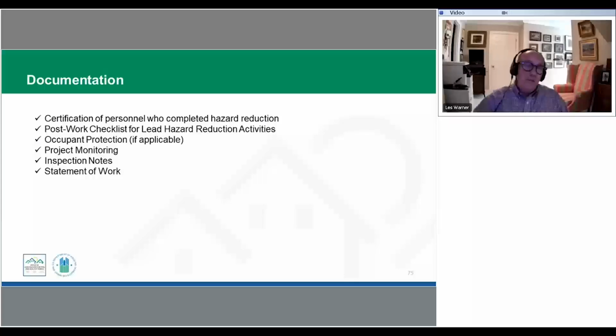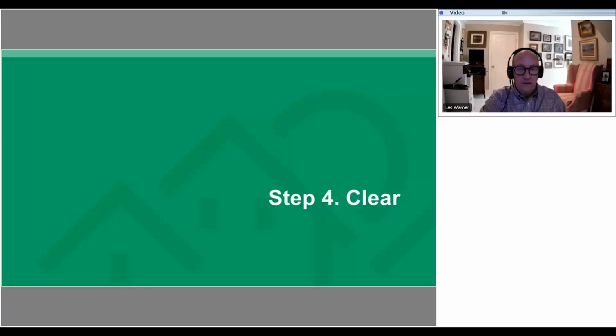And then documentation of your monitoring of the progress, any inspection notices, and that statement of work to document what has been completed. So a lot of information, but a lot of good resources that go into a lot more depth on each of these aspects.